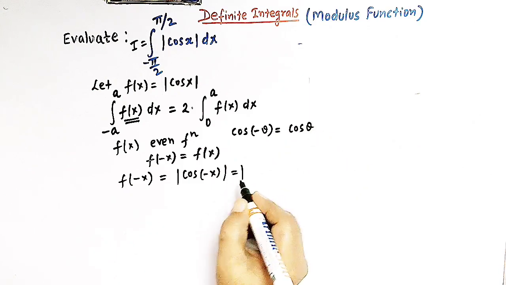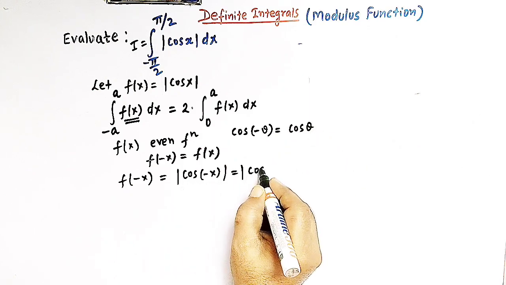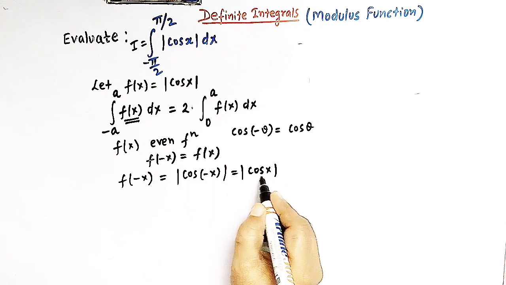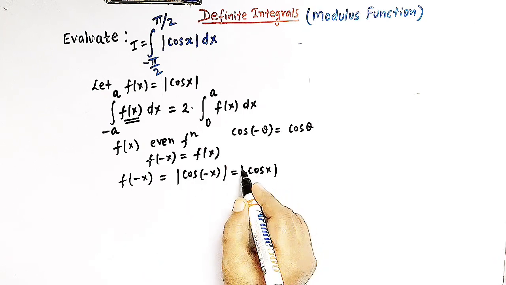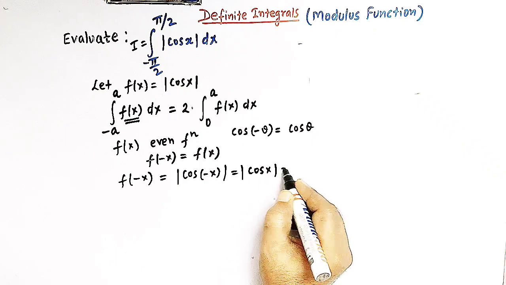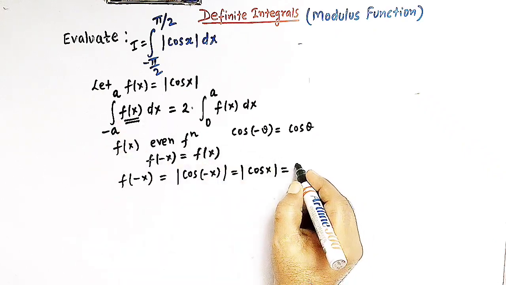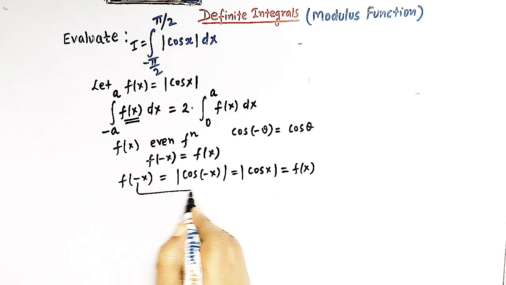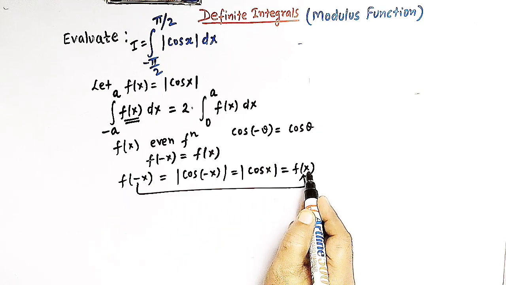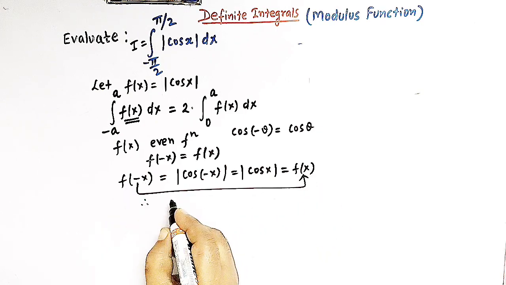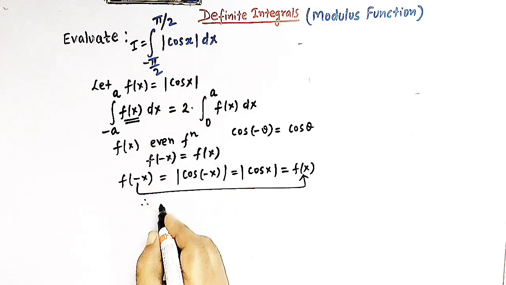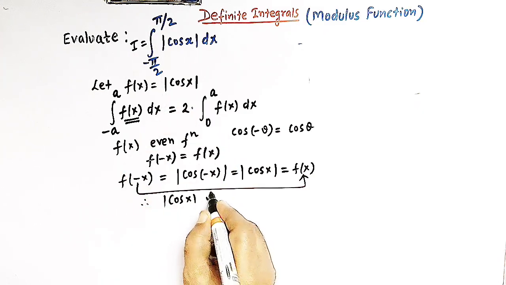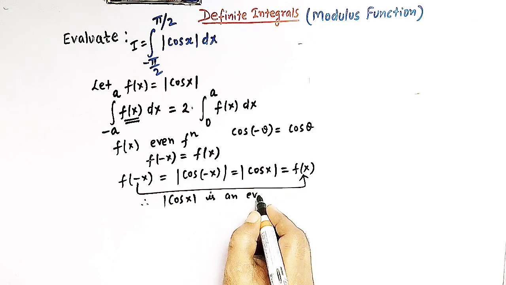So here we have mod of simply cos of x, because cos of minus x is equal to cos of x. And here mod of cos x is equal to f of x, right? So we can see that f of minus x is equal to f of x. So we can claim that the integrand, that is the mod of cos of x, is an even function, right?